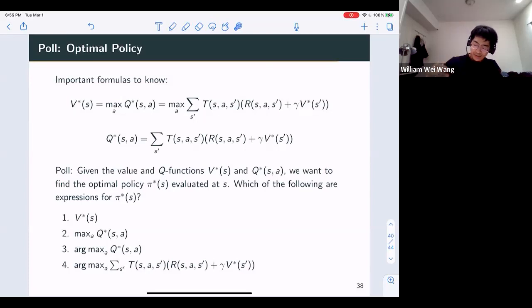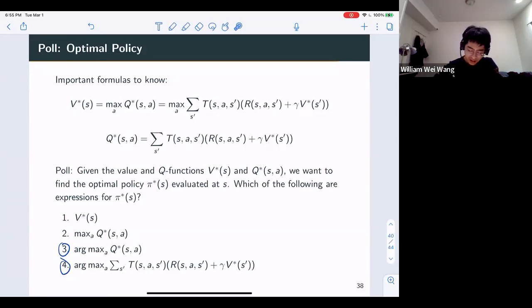Okay. Yeah, so good. The correct answers for this one are 3 and 4. So remember the argmax gives you the best argument.